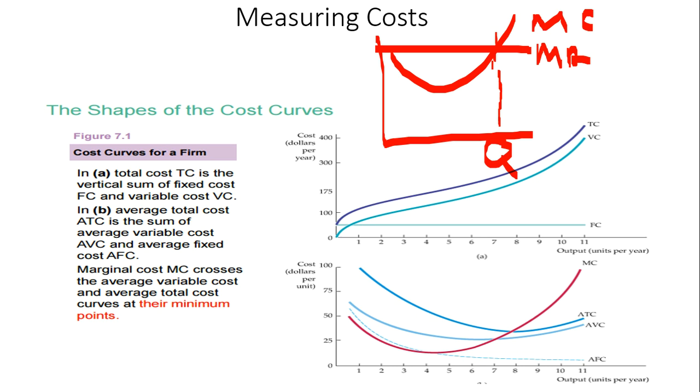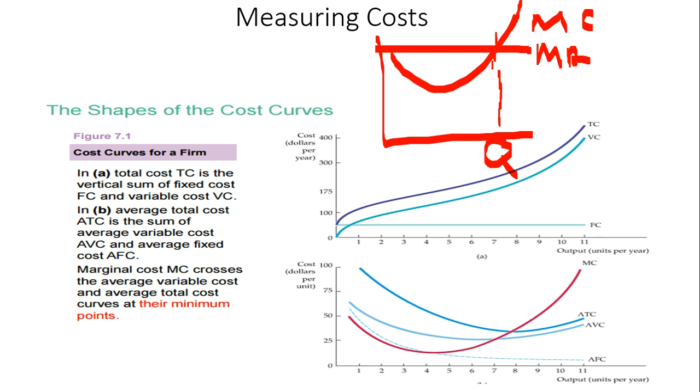A point like Q. So as long as the marginal revenue is greater than the marginal cost, this firm can continue producing until it hits that particular point. And the opposite is true. If the marginal cost curve, this curve now, is above the marginal revenue curve, then this firm is going to be making losses, because the cost side is greater than the revenue side.